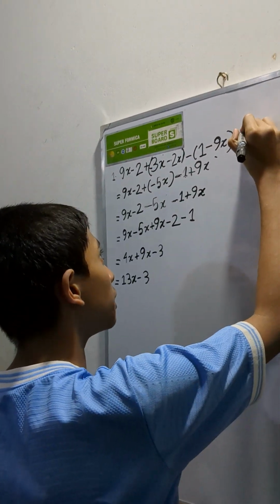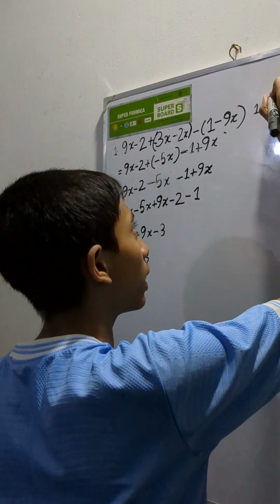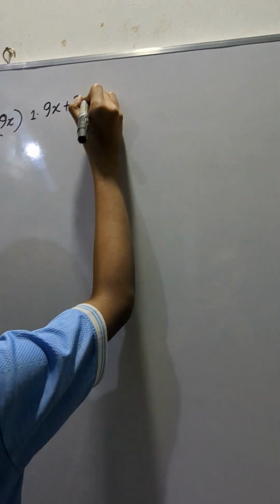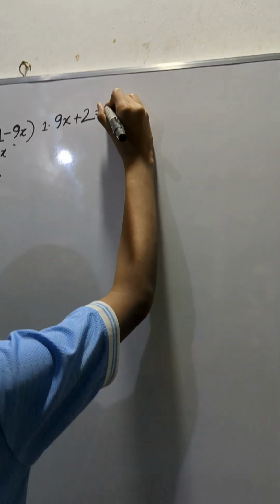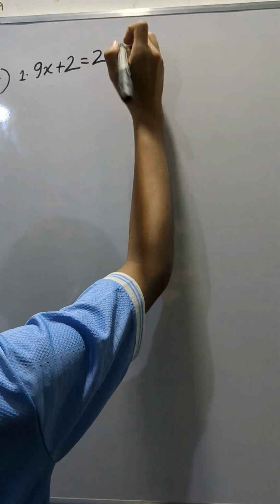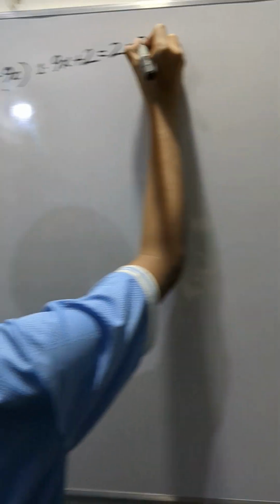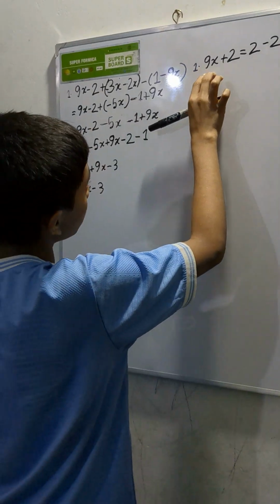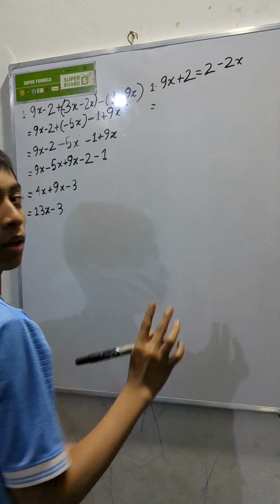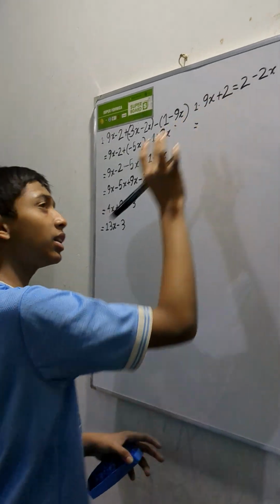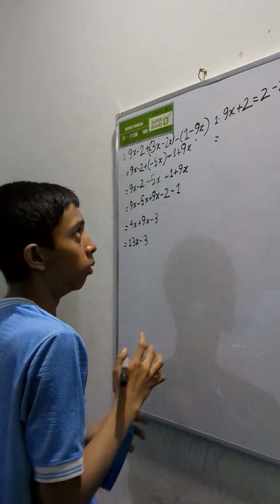But there's another type of math, like 9x plus 2 equal to 2 minus 2x. As we know, after 9x, here is 2. So we can't do anything here because 9x consists of a minus sign and here is no sign after 2.